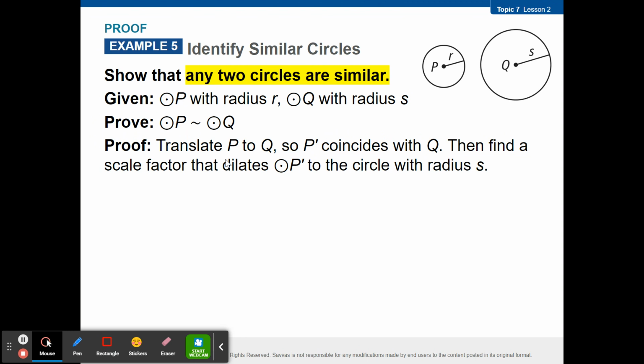Okay? So we're identifying similar circles. So show that any 2 circles are similar. So given circle P with radius R and circle Q with radius S, prove that circle P is similar to circle Q. So part of your proof is translate P to Q, so P prime coincides with Q, then find a scale factor that dilates circle P prime to the circle with radius S. So in your Google form today, you had 2 circles.